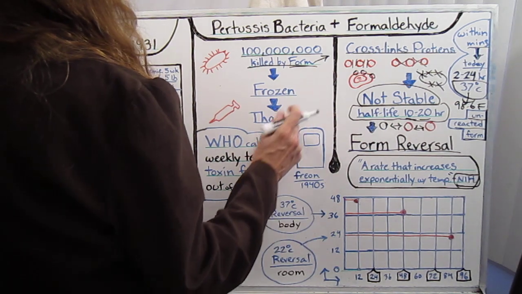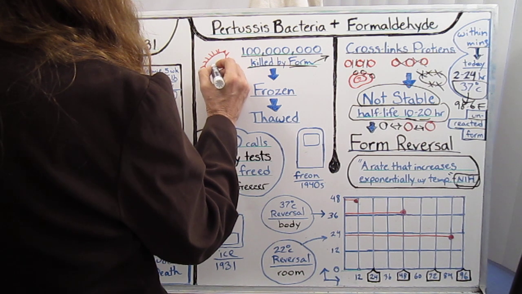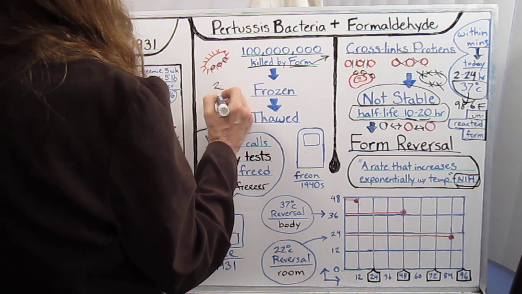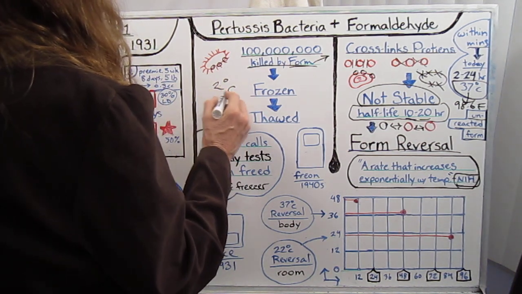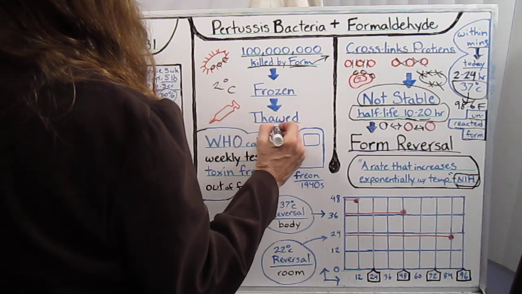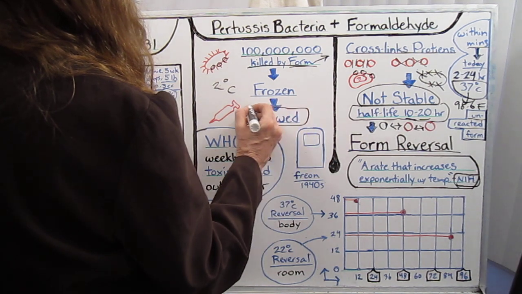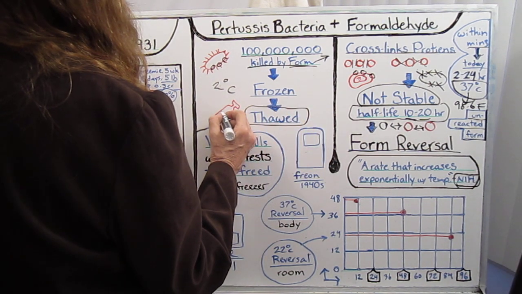So what do they have to do? They have to freeze these. That's what they do today. They've killed the bacteria, and then it has to be frozen, and I see below 2 degrees C all the time. 2 to 4 degrees C seems to be the magic. We're starting to thaw it out, because it has to be thawed out from the freezer before you can actually give it to somebody.